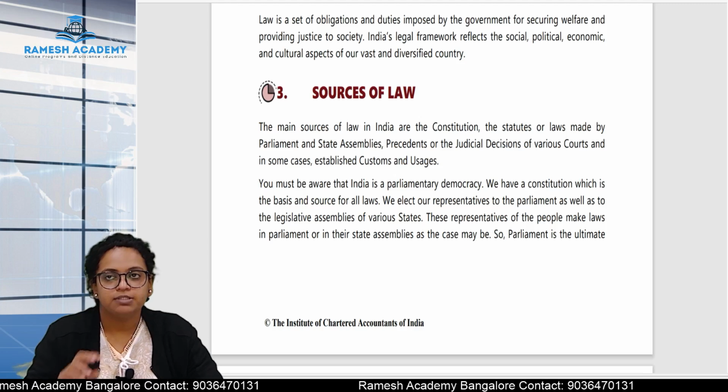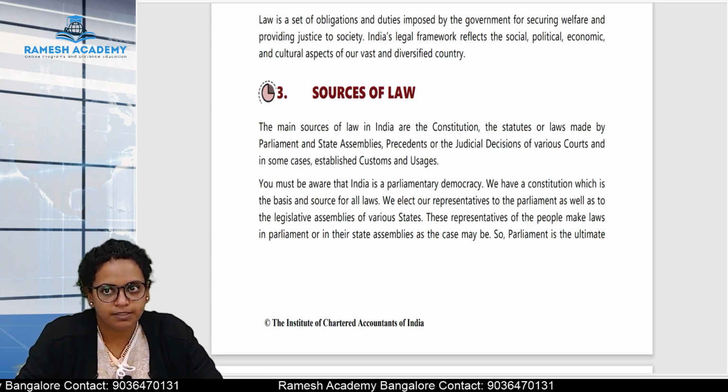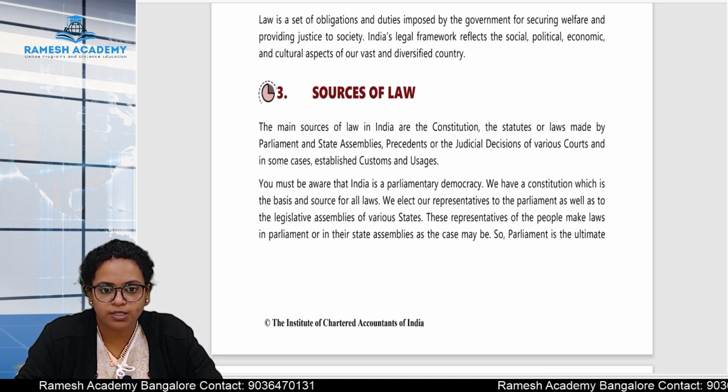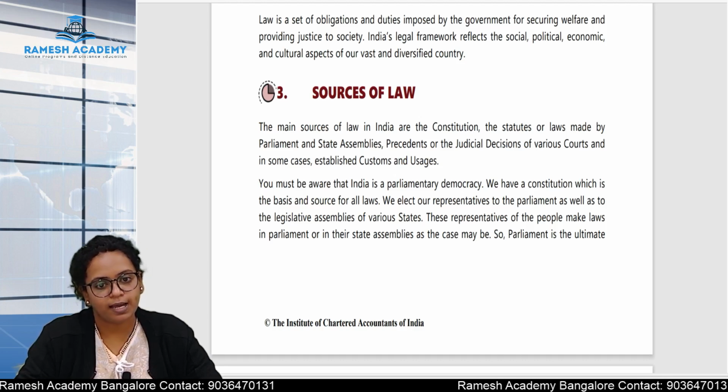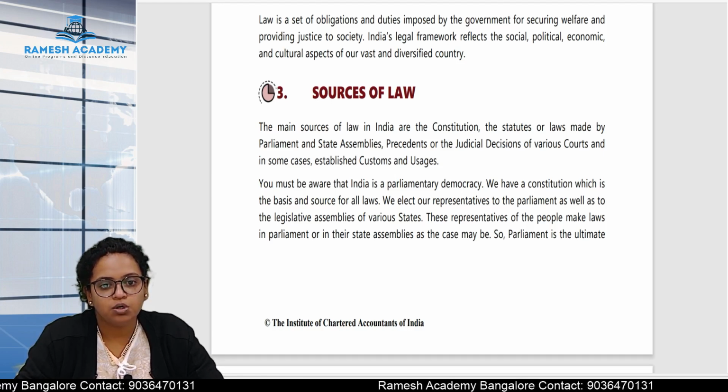So we have two kinds of legislature. One is the parliament, wherein the central government makes the laws, and we have the state assemblies where the state makes the laws. So we have laws for the whole country, and we have laws for the state as well. The laws for the country are made in the parliament, the laws for the state are made in the state assemblies.